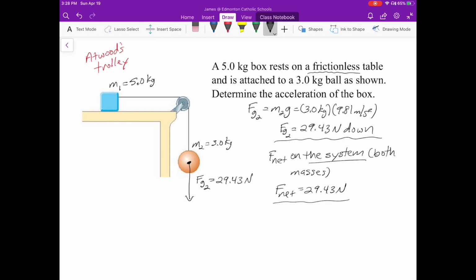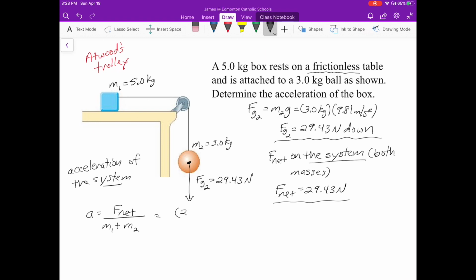So here's what we can do to find the acceleration, and we're going to call this the acceleration of the system. Again, it acts on both masses. This is a two mass system, mass 1 and mass 2. So acceleration is net force divided by mass.